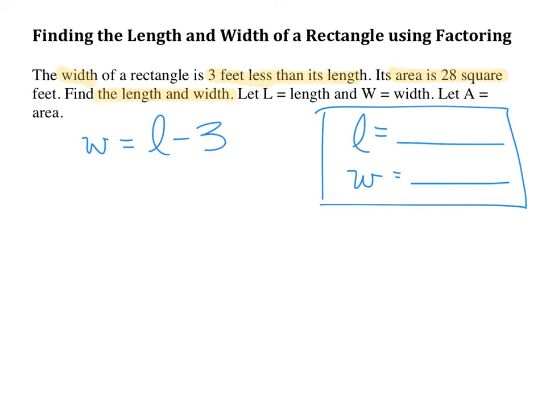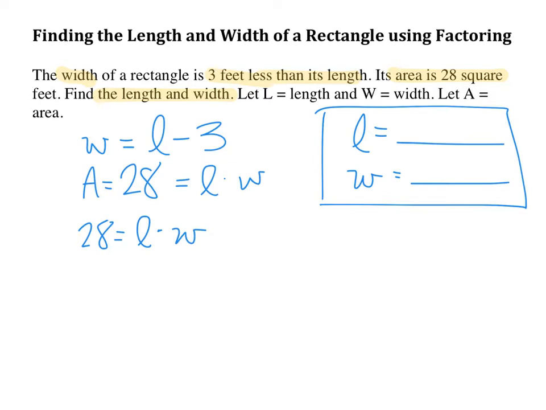And since the area is 28 square feet, I know that area is 28. We should know that the formula for area is just length times width. So I can write 28 is equal to length times width. What we always want to do, if we can, is have only one variable.